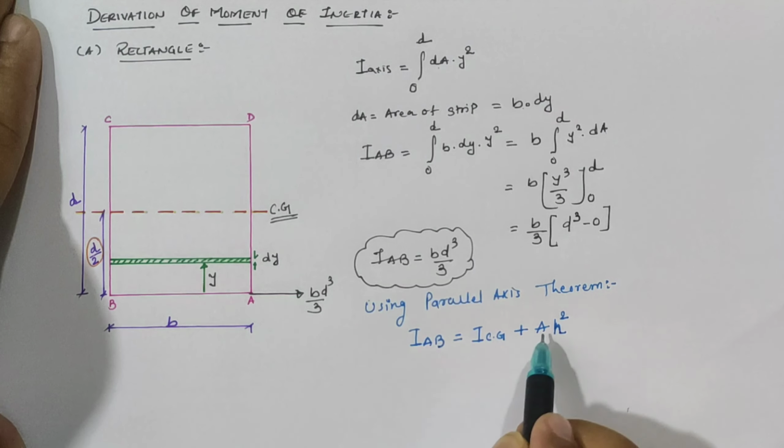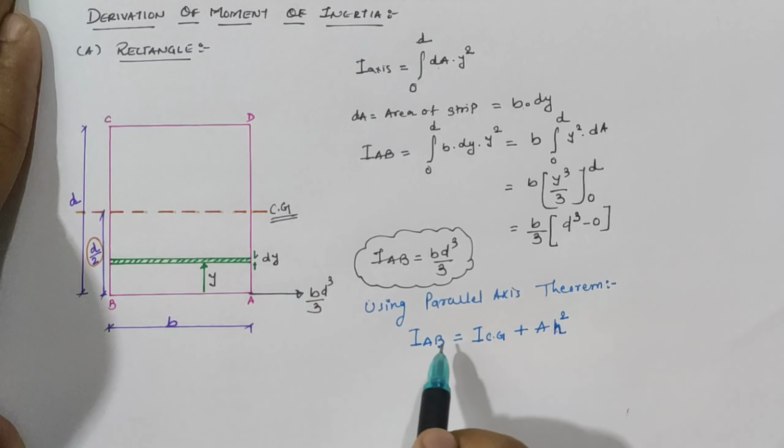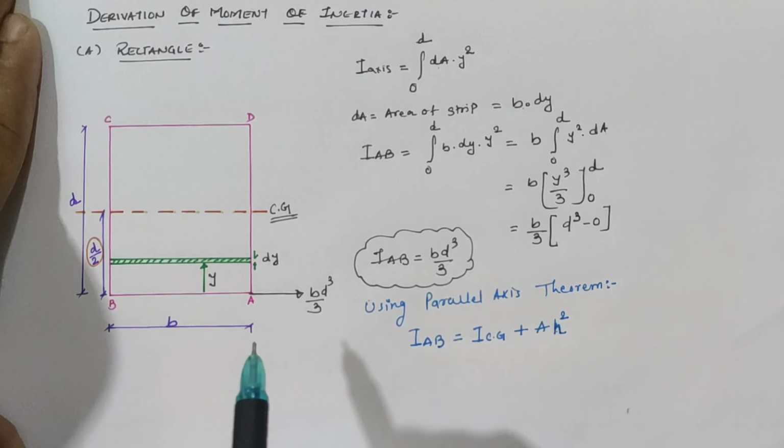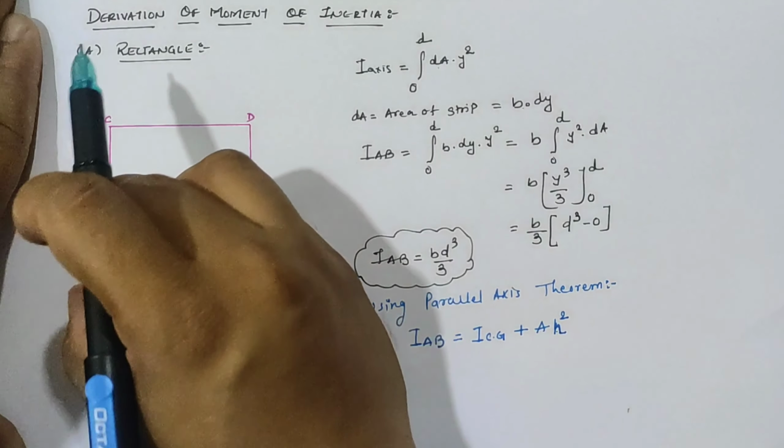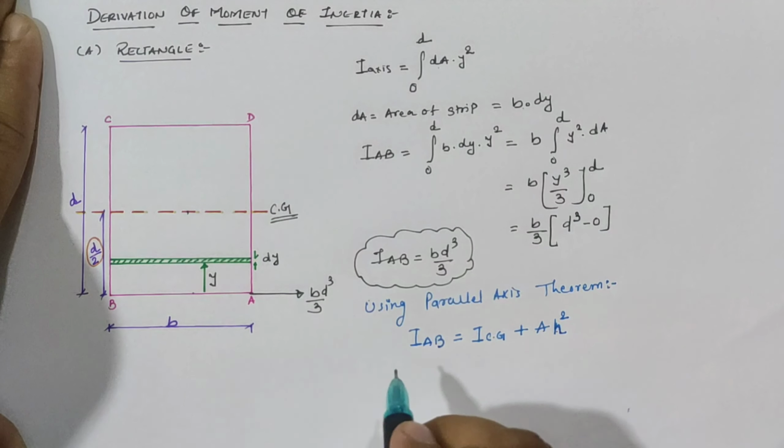It means the h distance is the distance of CG of element to the axis AB, which is d by 2.